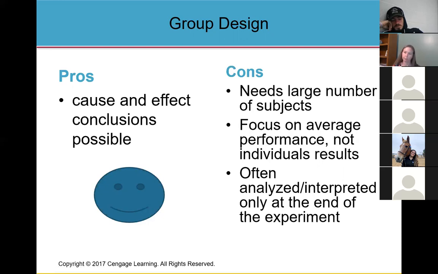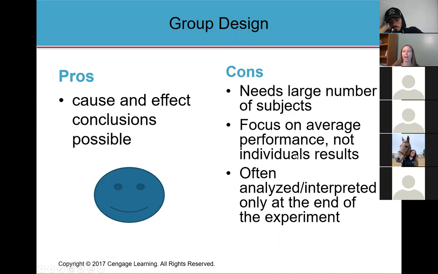But we're going to need a large number of subjects, because we're going to have one group of subjects in, let's say, the control group and another group in the experimental group, or one group of subjects in the birds group and a totally different group in the dogs group. So we need more participants in our study if we're using these group designs, whereas you could do a within groups design and just use the same people across both conditions. We'll talk about that a little later.